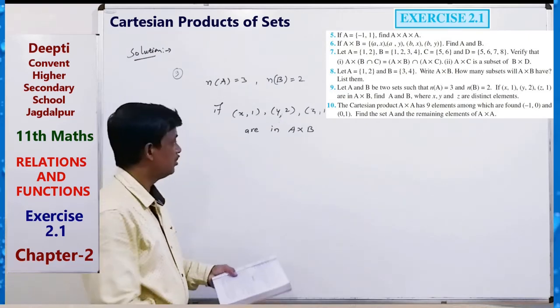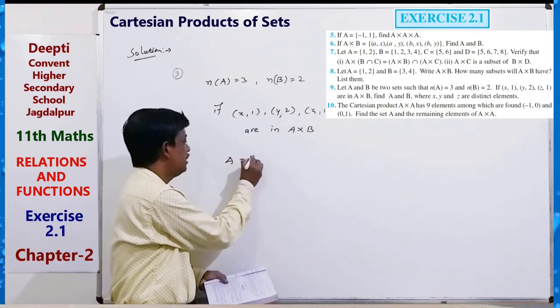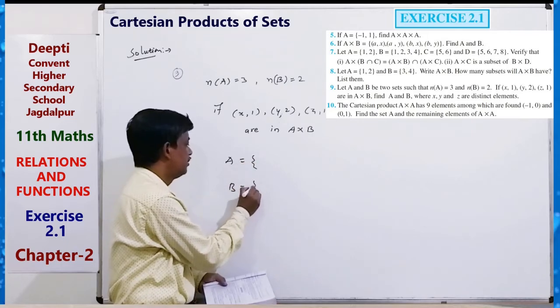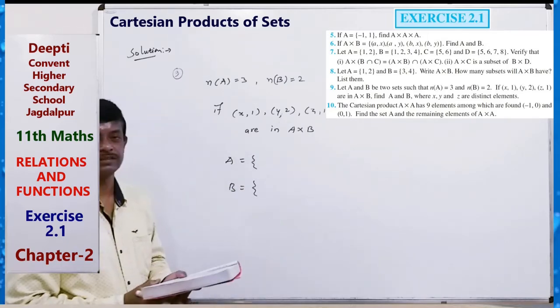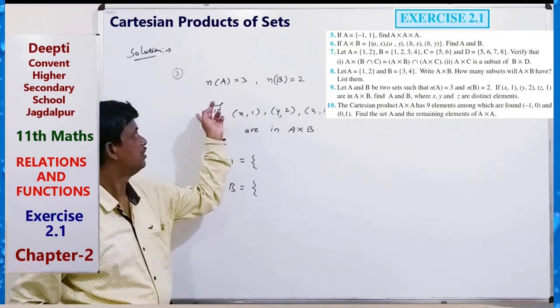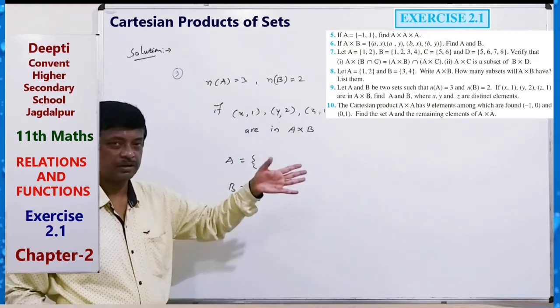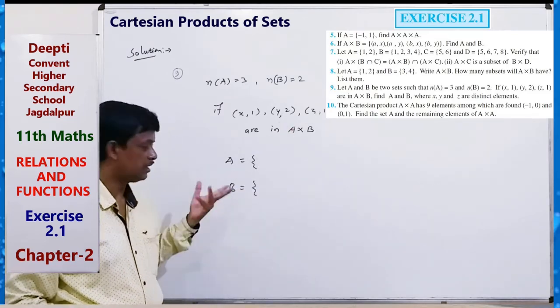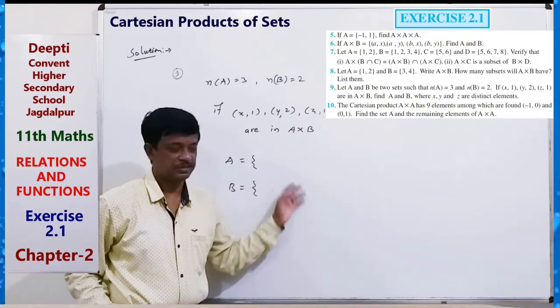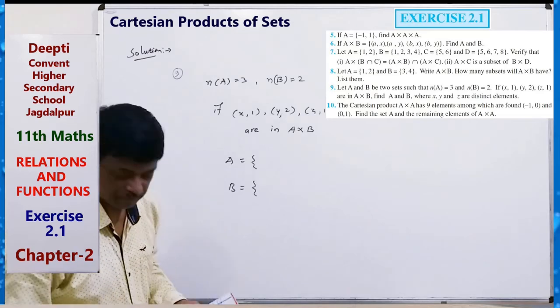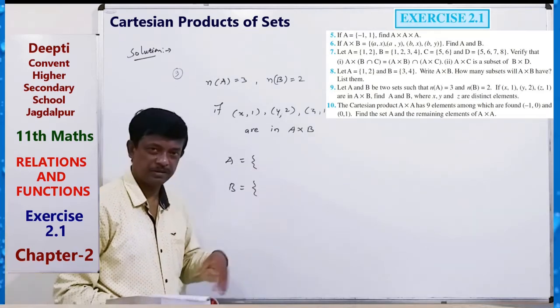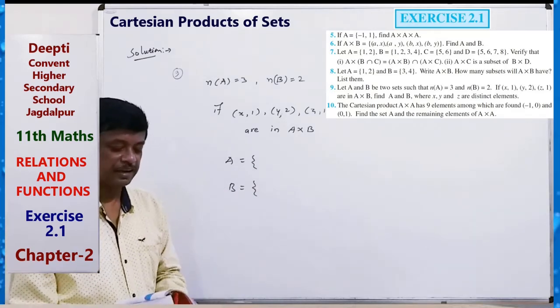Then we have to find A and B. We know A is the set of first elements of the ordered pairs in A cross B, and B is the set of second elements. So you can write it. This is for your practice, do it in your copy and send it to me for attendance.